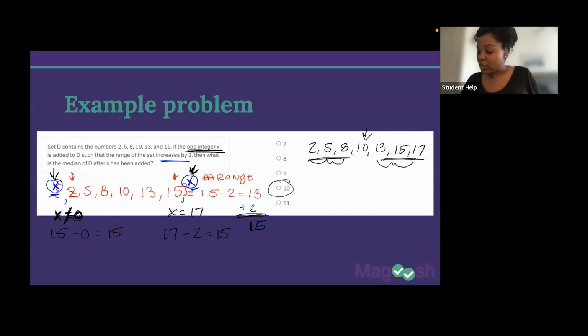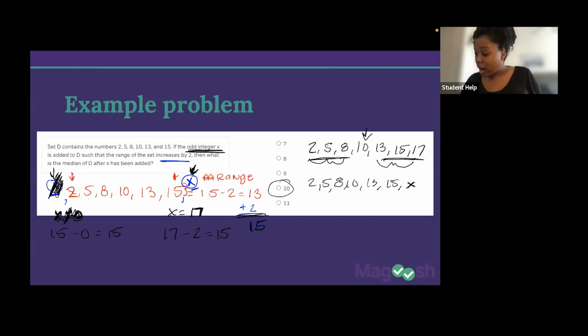And just to make sure everyone understands why 17 works here, or why X has to be 17, remember, X can only go on the left or the right. So when we say, okay, well, it can't go on the left because X can't equal 0, then our original set is 2, 5, 8, 10, 13, 15, and X, right?